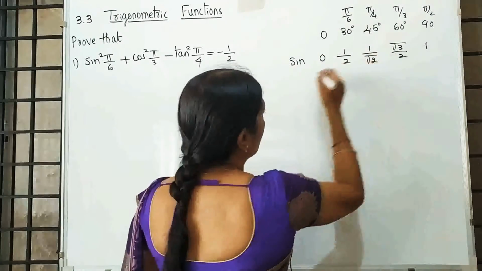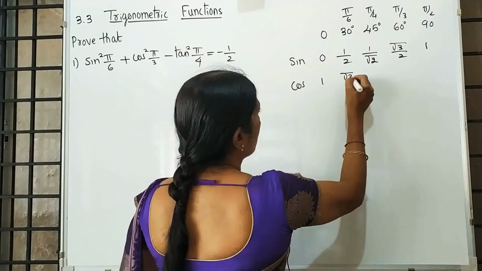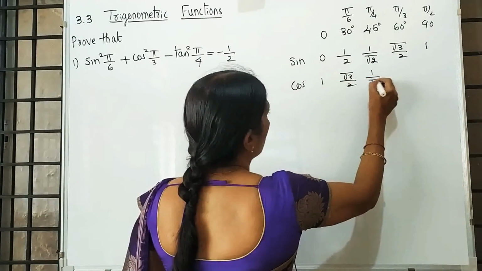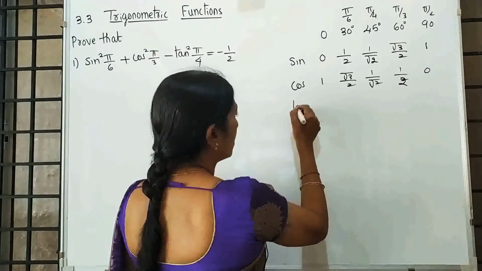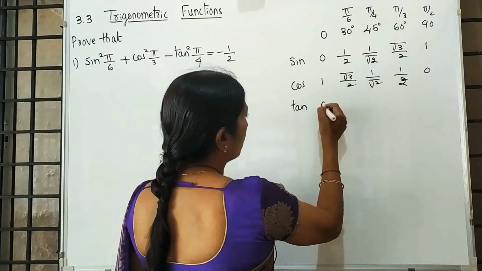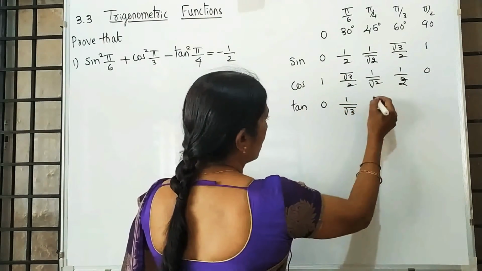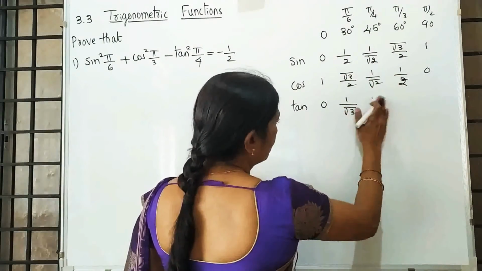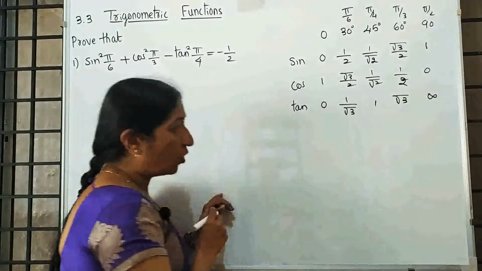And write the table in reverse order, that means start with 1: 1, root 3 by 2, 1 by root 2, 1 by 2 and this is 0. Tan is what? Tan is sine by cos. 0, 0 upon any number is 0. This is 1 by root 3. It is 1. This is root 3. You can write infinity or not defined.